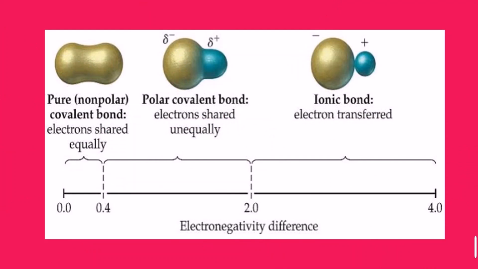Here we can see that the periodic table considers the electronegativity difference between atoms. This is caused when covalent bonding is present, where partial positive and partial negative charges are present on the atoms. When a pure, non-polar covalent bond is formed, the electrons are shared equally by both atoms. But in ionic bonding, there is a cation and an anion.